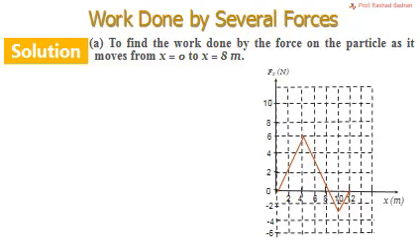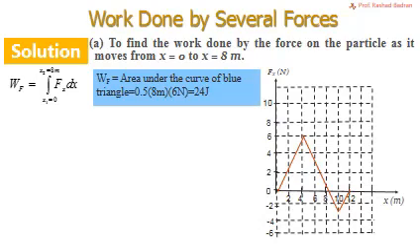For the first part of the problem, if you want the work done from x equals 0 to x equals 8, you simply apply the relation, the integral of Fx dx, with limits from 0 to 8. As the graph is given, the work for this displacement is simply the area under the curve of the blue triangle, which is half the base multiplied by the height.